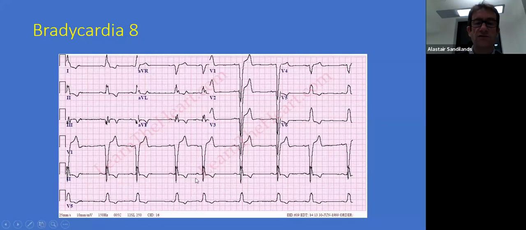Sinus node fires, it should fire again, it doesn't. And the sinus node doesn't fire, right there it fires. In this example, you can see the P waves a bit more. Again, there's a pause, sinus node fires, delay, fires. So this is an example of sinus bradycardia, sinoatrial exit block in the presence of left bundle branch block.